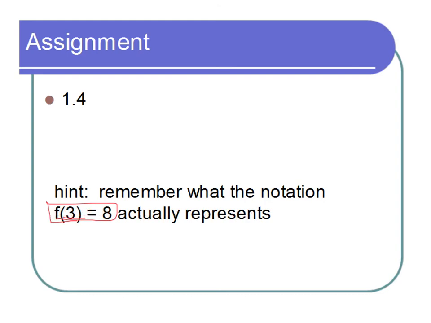What that means is that if you plug 3 in for x, you get 8 back for the function value or the y value. So this is a fancy way of just giving you an ordered pair. If x is 3, y is 8. And so if they give that to you, and they will on your homework, you just convert that to an ordered pair 3, 8, and then go do what you're familiar with.